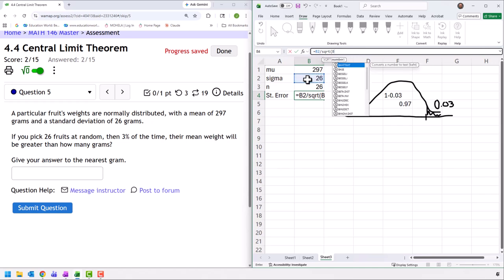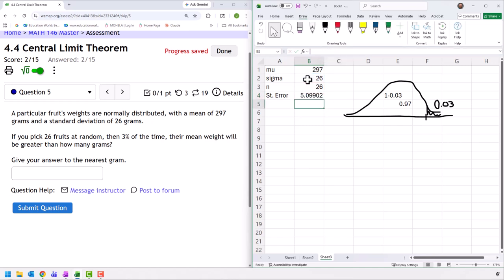I really want B3, but it's hiding it from me. So we'll just grab it here, and when I click this, hopefully it'll show you we got those. Okay, so our standard error here is this one. And now we're looking for a value along this axis.